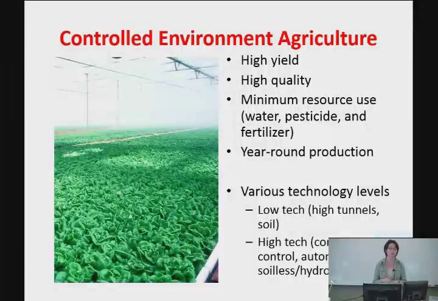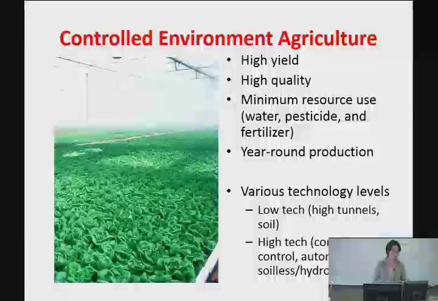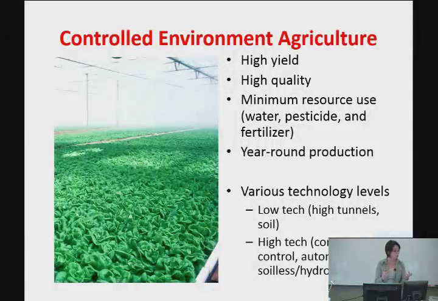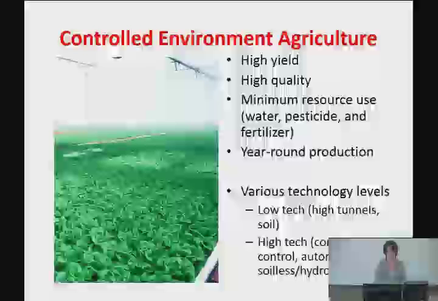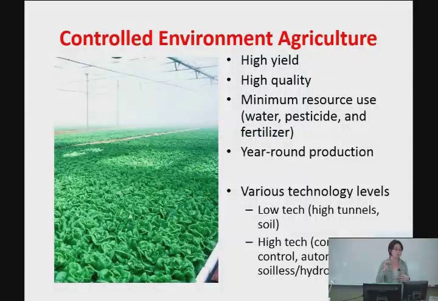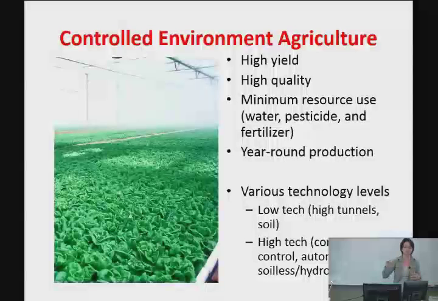Therefore, supermarkets want greenhouse tomatoes rather than open field tomatoes, because visual quality is very important for marketing. That's why controlled environment agriculture area is increasing rapidly over time.